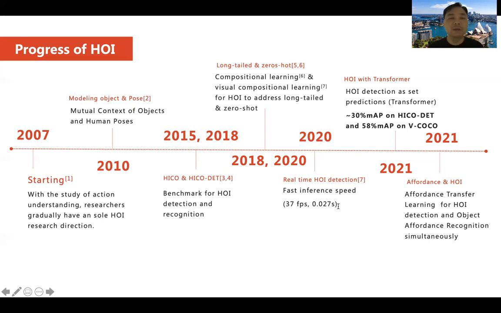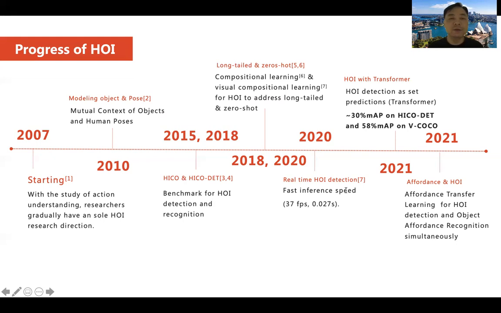However, external knowledge limits the scalability. Differently, we proposed a new visual compositional learning framework termed VCL to compose HOIs between image pairs to address the long-tailed and zero-shot issues on HOI detection in ECCV 2020.